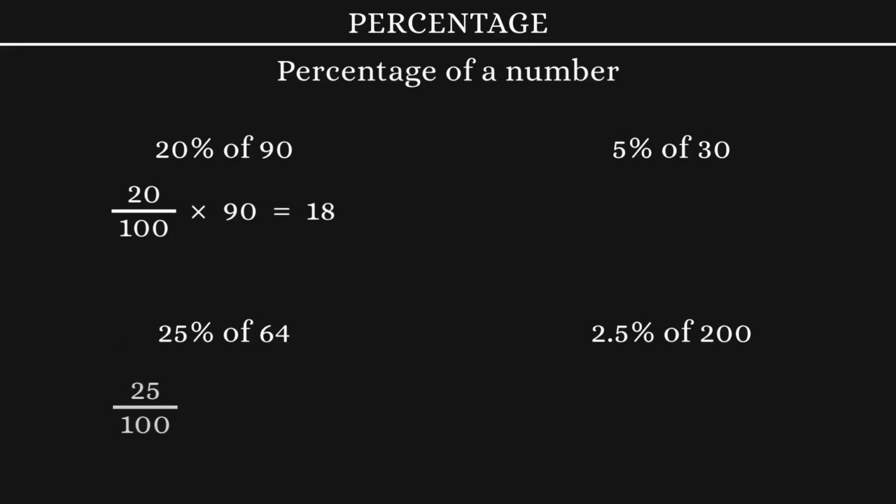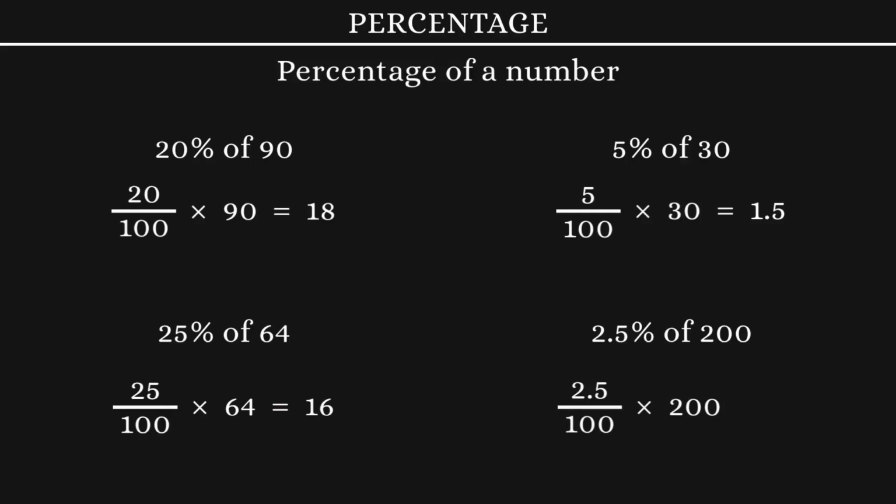This is 25 by 100 into 64, which gives us 16. 5% of 30. 5 by 100 into 30, which is 15 by 10 or 1.5. 2.5% of 200 will be 2.5 by 100 into 200, and that becomes 5.